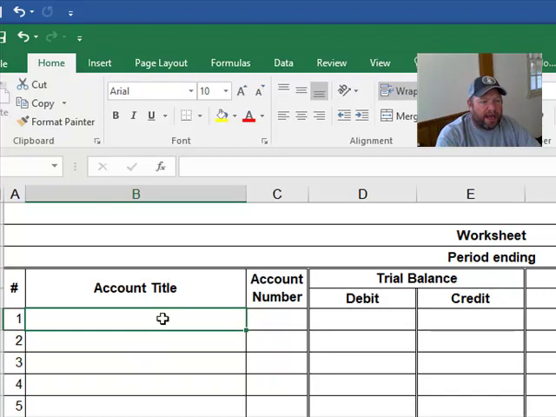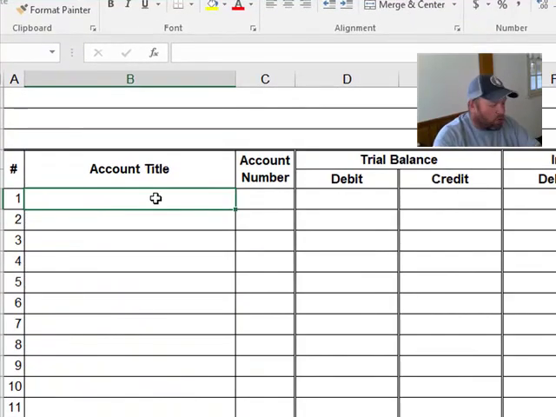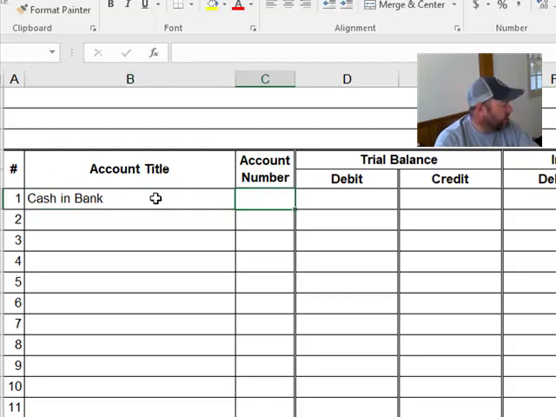We list the accounts in numerical order, and our first account is cash in bank. Then we list the account number, which is 101, and whether it was a debit or a credit. In this case, the account is a debit, the normal balance for this asset. And that balance, if you go back to that worksheet and look at it, was $9,616. So I'm going to list that right here.